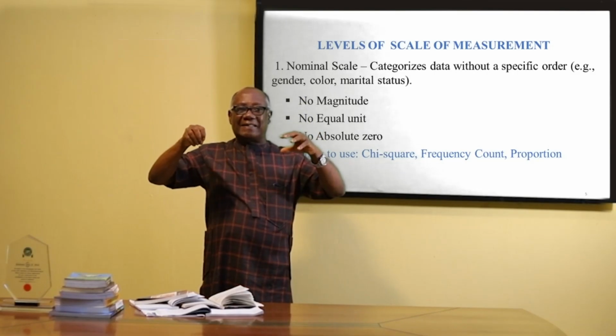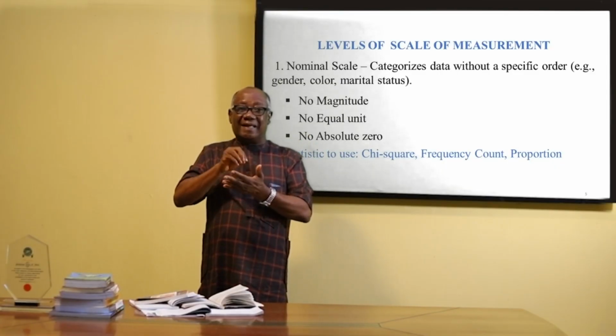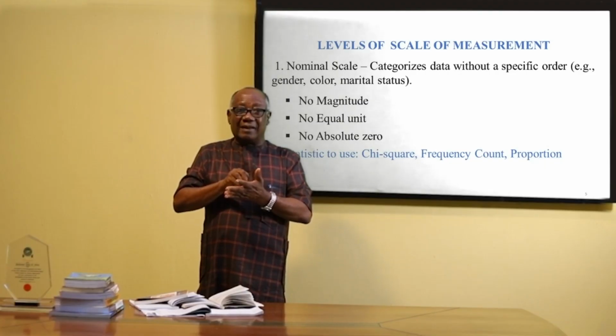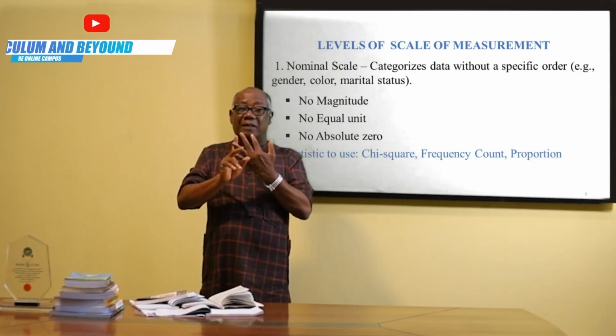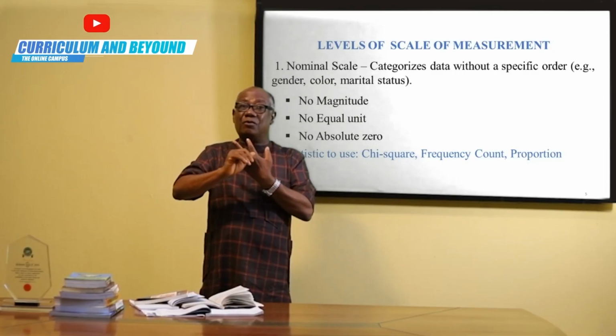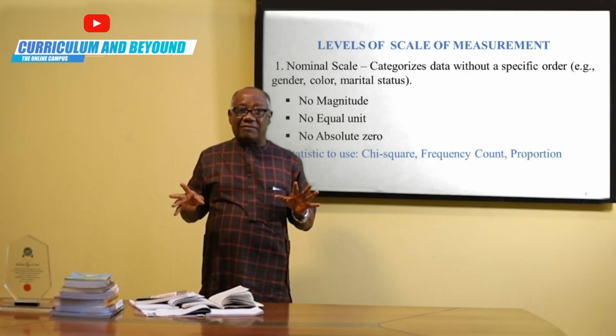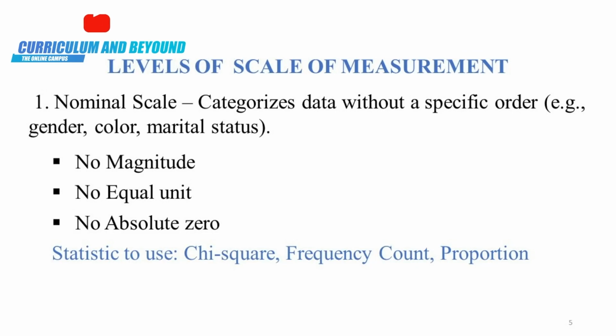Now, when you gather all that, those number 6 does not indicate any magnitude. And the difference between those that are wearing black color and those that are wearing white have no value in terms of equal interval. The only statistics you can use under such condition are either chi-square or frequency count. You can also use proportion.